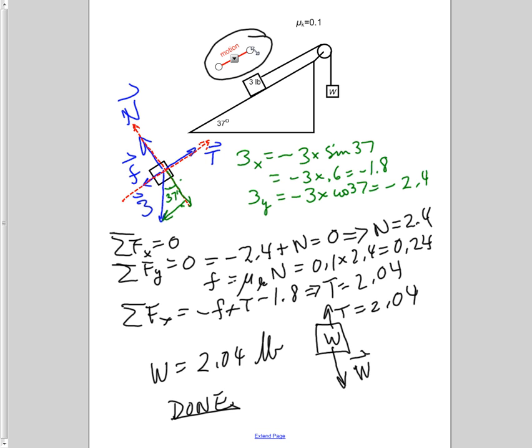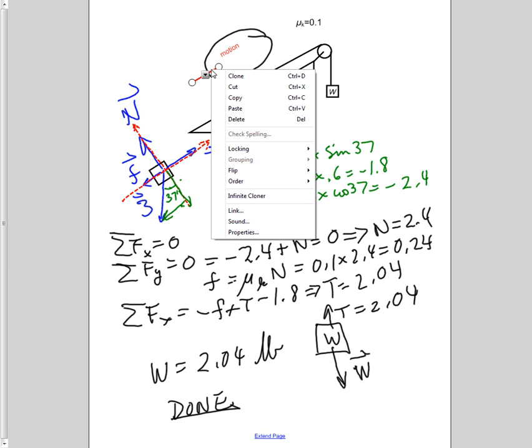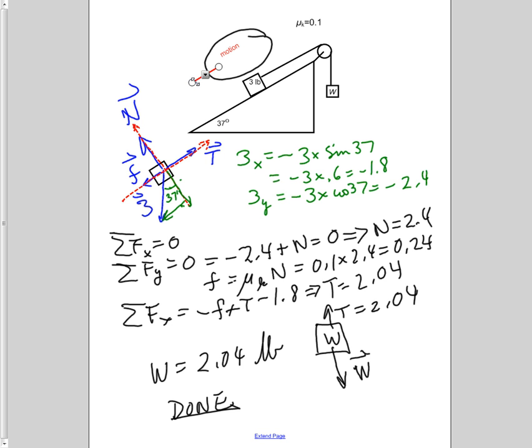That is to say, suppose that the motion now is down this way, so that the 3-pound object is sliding down the incline with constant speed, and this guy's going up with constant speed. How does that change things?